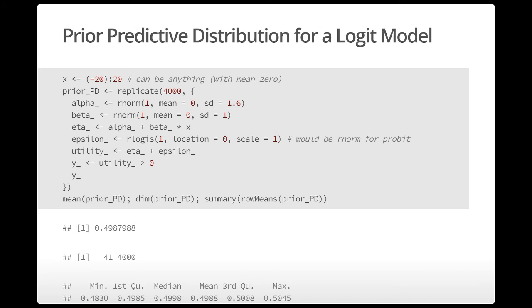So we add those two things together, and under our model, the model implies that we're going to observe the person make the choice for y equal 1 if the utility difference between y equal 1 and y equal 0 is positive for them. If utility is negative, that means they're getting more utility from whatever y equals 0 is than what y equal 1 is. And so when utility is negative, the model implies that y is going to be 0. And then we just spit back y.